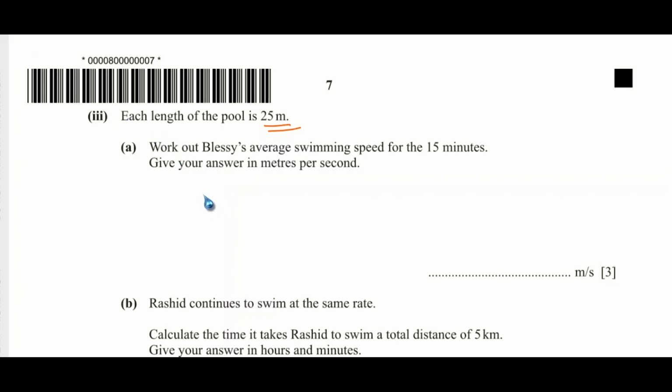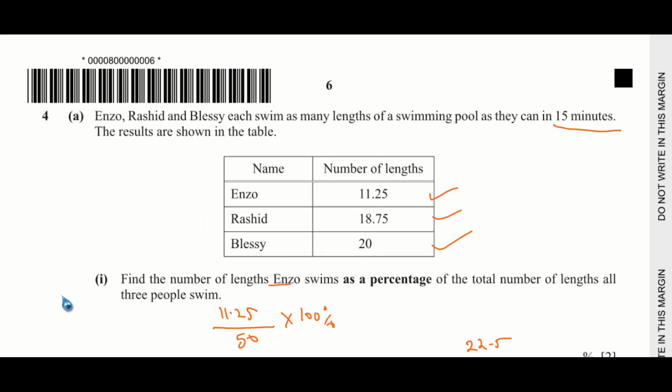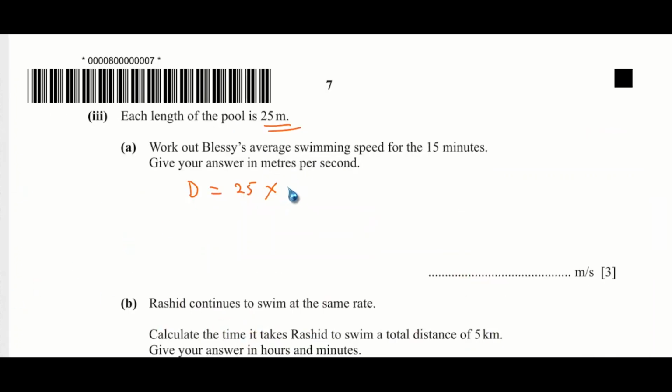The total distance covered will be equal to 25 meters multiplied by the lengths of Blessing. I think it is 20. Yes, good, 20. So multiply by 20.